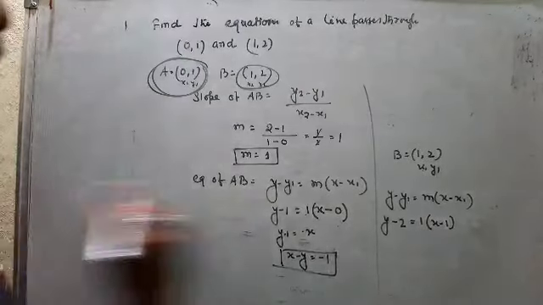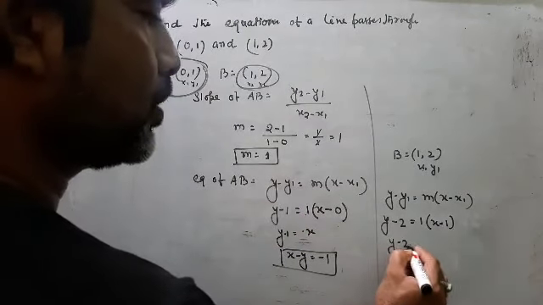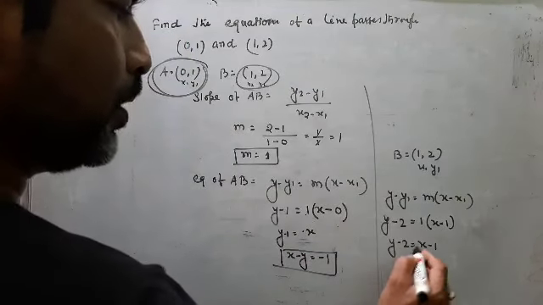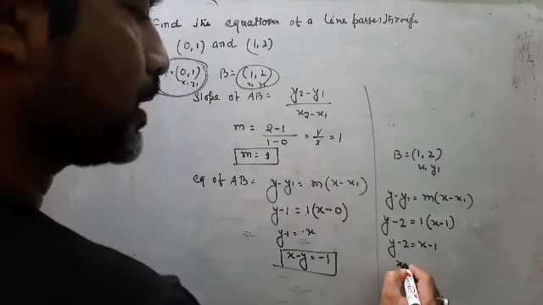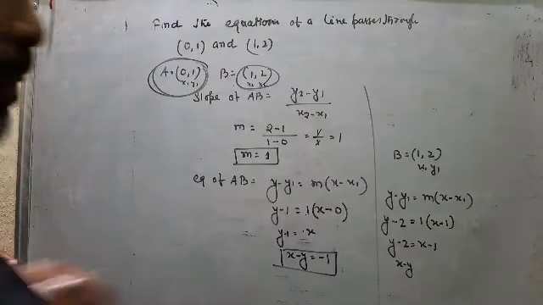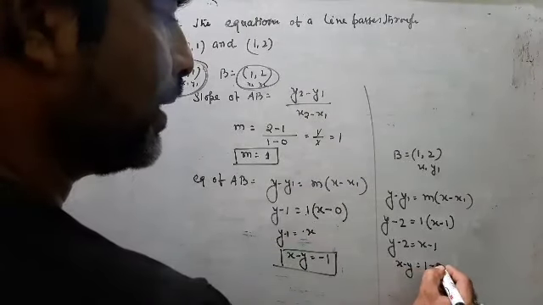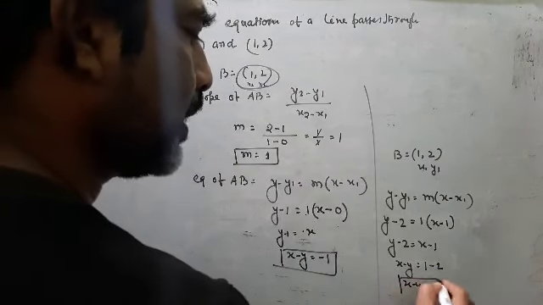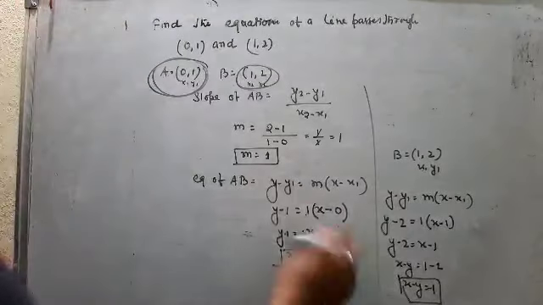So y minus 2 is equal to 1 times x minus 1. So y goes this way, so x minus y, and minus 1 becomes plus 1. So 1 minus 2, so x minus y is equal to minus 1. Same thing happened: x minus y is equal to minus 1.